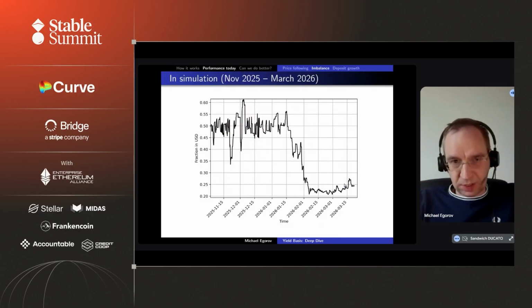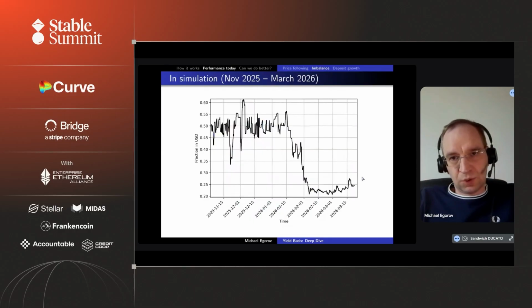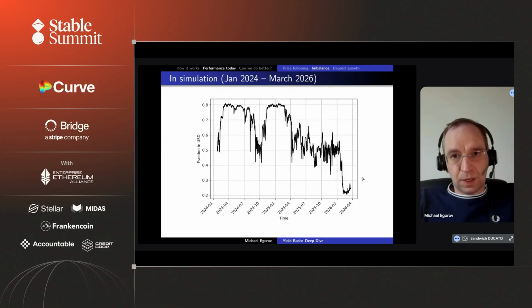And in simulations, it shows kind of similar, but as I said, simulations are a little bit worse than reality. Reality is better, which is nice. Anyway, and this is just this imbalance plotted in the graph. So you can see that indeed in 2026, imbalance shows similar deviation from 50-50 as in 2024. So we don't want that.